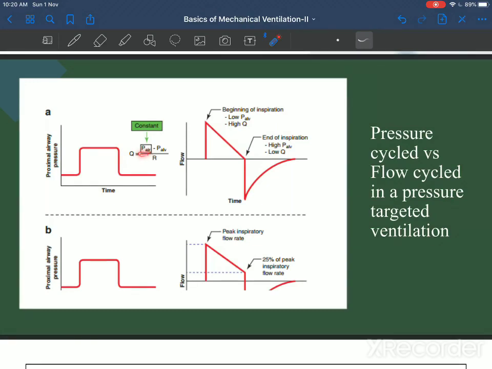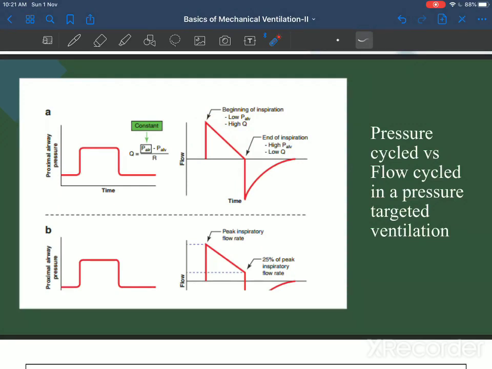As air fills the alveoli, alveolar pressure starts increasing, so that means your flow will decrease. That is what we saw earlier in the formula. So as alveolar pressure increases, the flow reduces. Assuming the resistance does not change much, this produces this decelerating ramp waveform.